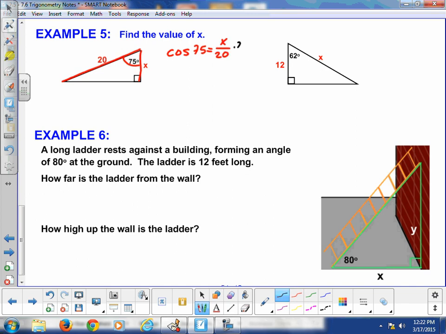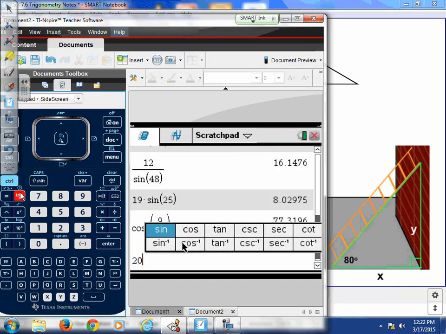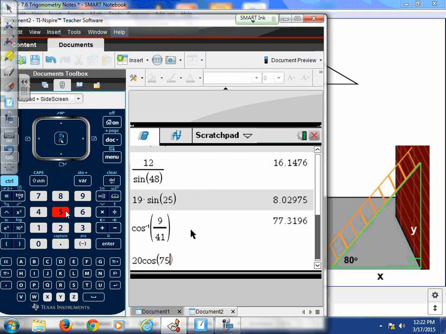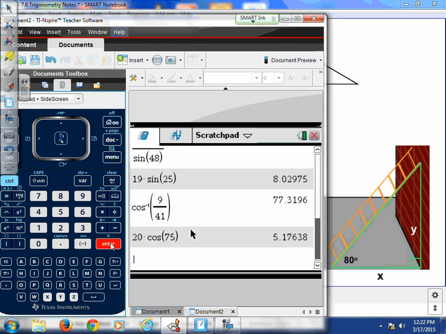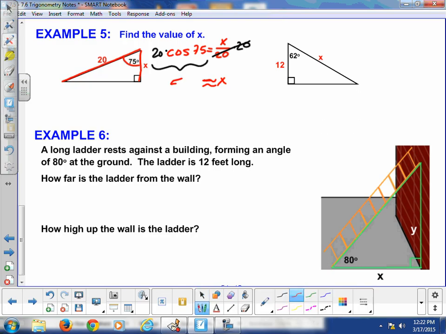And if we multiply each side by 20, say goodbye to the 20s on the right, and we are left with this chunk-ish. 20 times cosine, was it 75 degrees? I hope. 5.2. 75, yes. 5.2. Yay. That is the length of x.